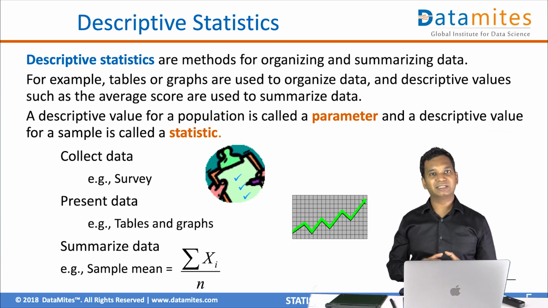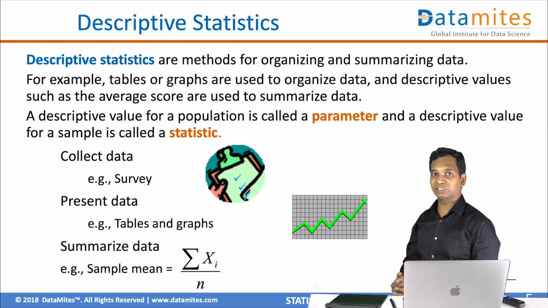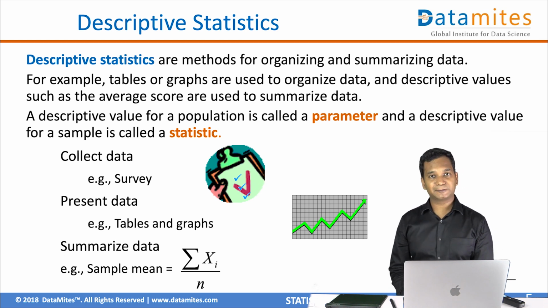In simple words, descriptive statistics is presenting the data in an informative manner. We take 100% of the data and present that in an informative manner with reports, summaries, visualizations, graphs, and dashboards, etc. This is called descriptive statistics.